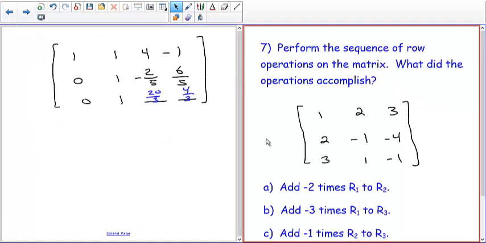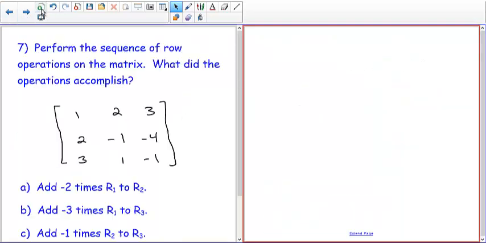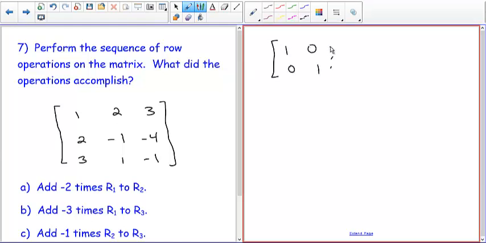Now here they're telling you what to do. Again, what we're trying to do is, if we have a matrix, we either want to get something like this. If it's an augmented matrix this size, you want 1 0, 0 1.